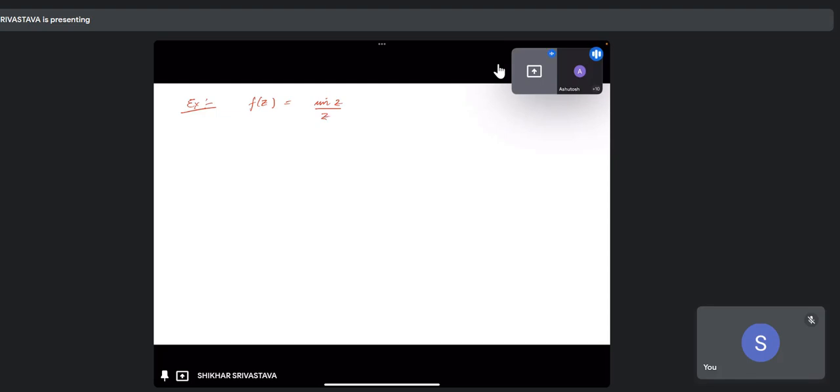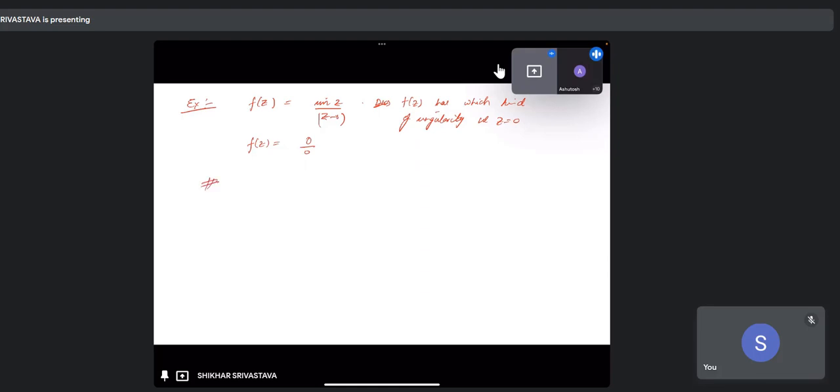They will ask which kind of singularity f(z) has at z is equal to 0. You know that at z is equal to 0 it is of this kind of form. So at once you have two ways.